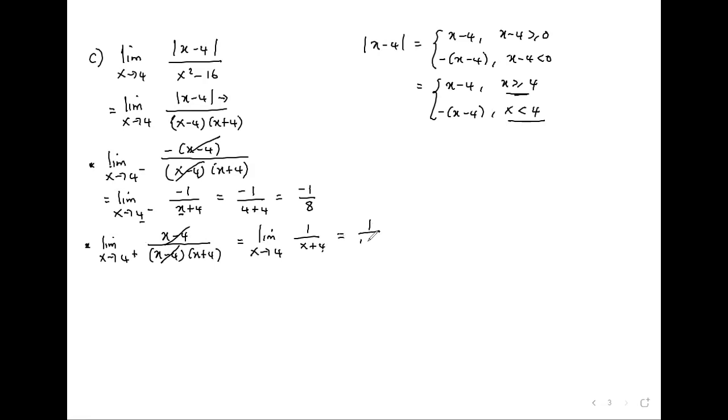Substitute, we have 1 over 8. And again, because the two numbers are not equal, we say therefore the limit as x goes to 4 of the function x minus 4 over x squared minus 16 does not exist.